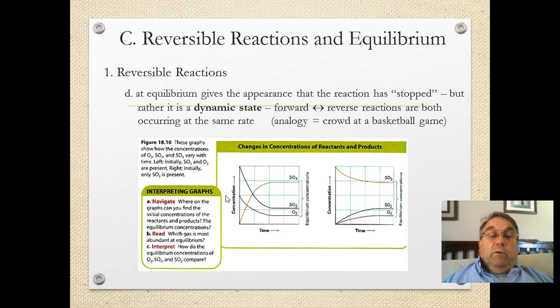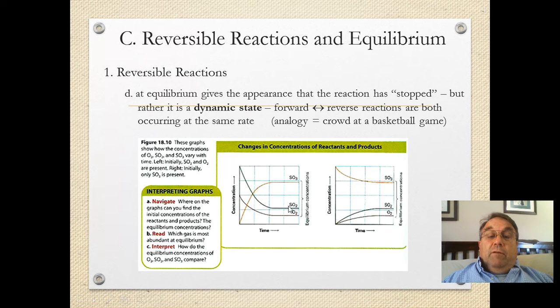Okay, so where would you say equilibrium is? Most people would casually say, oh, equilibrium is where the amounts are equal, so it's where the lines cross. No, that's not it. Equilibrium occurs when it looks like the reaction has stopped. So when the lines level out. Okay. So the amounts stop changing.